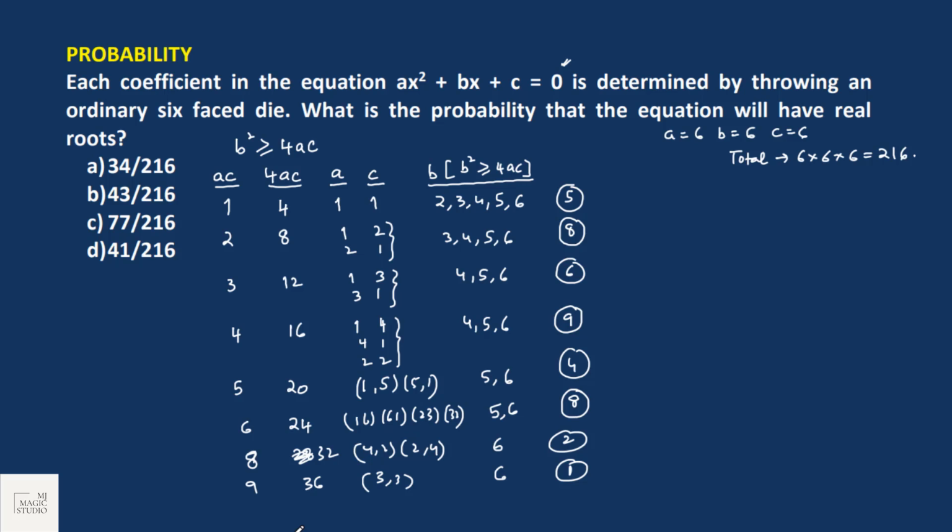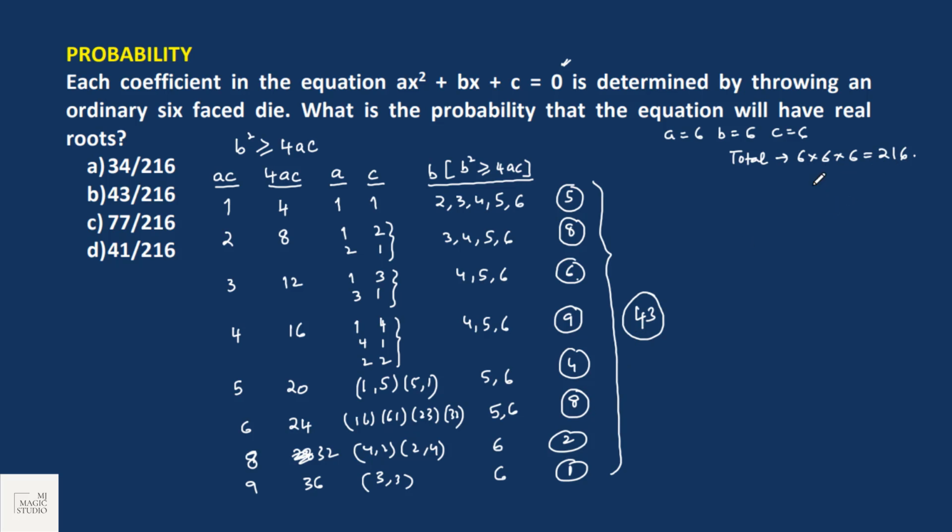Beyond 9, a into c is not possible. If we take 10, 4 into 10 will be 40, but the highest value of b square we can get is 36, because the maximum value b can attain is 6. So these are the favorable cases. We just need to add them up: 13, 19, 28, 32, 40 and 43.